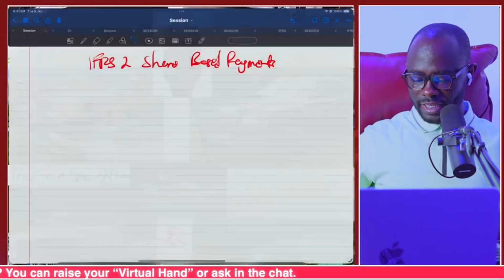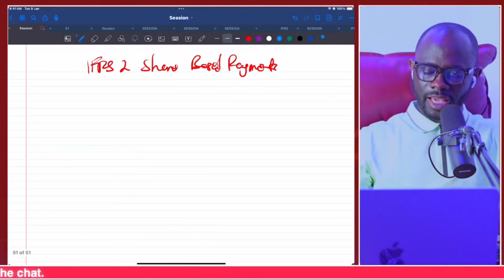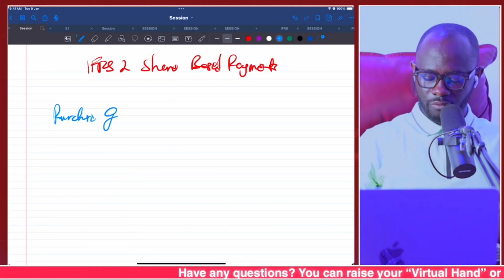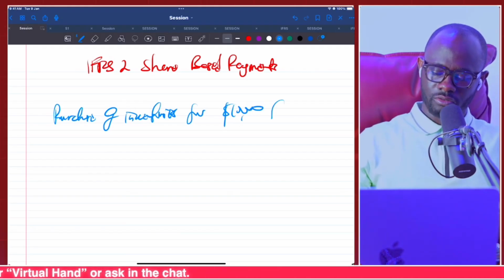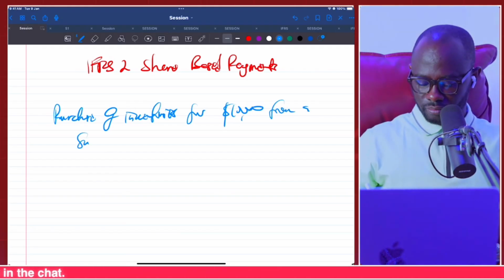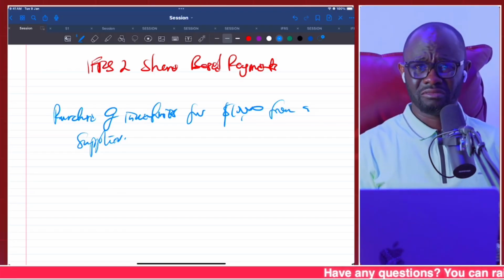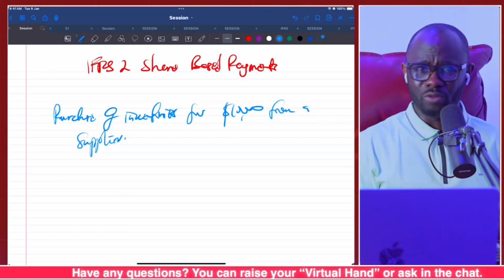So what is the idea about share-based payment? Simple. Let's say that an entity has bought goods. Okay, so purchase of inventories for $10,000 from a supplier. Normally, when we buy inventories, you pay with cash.